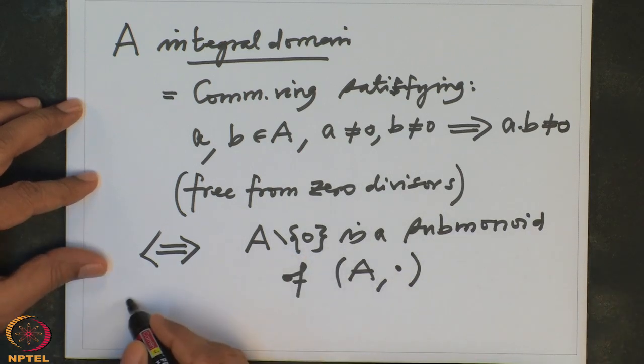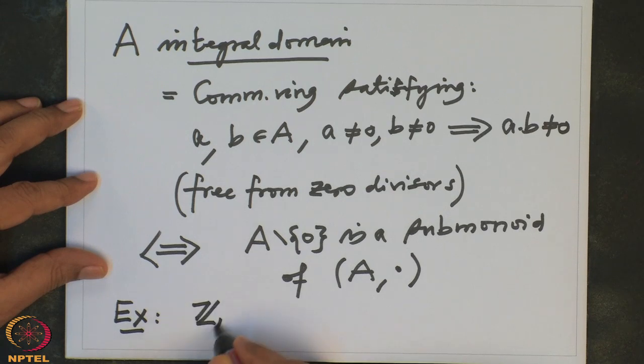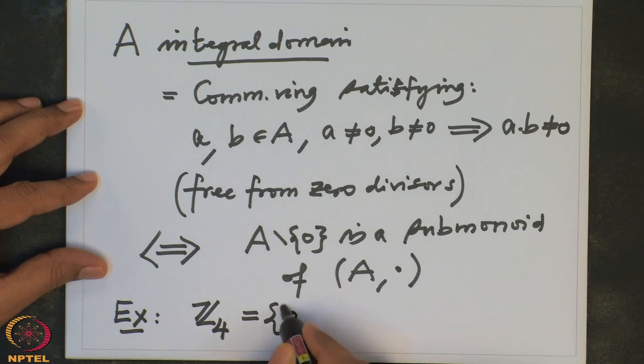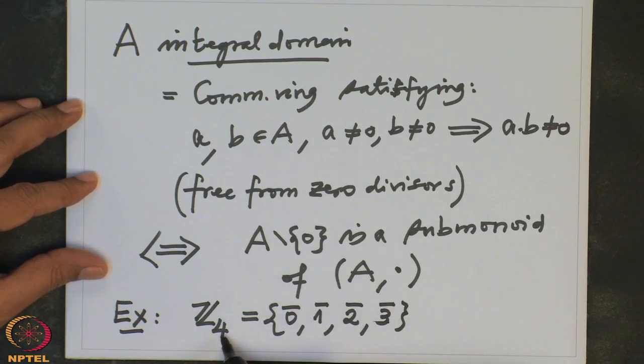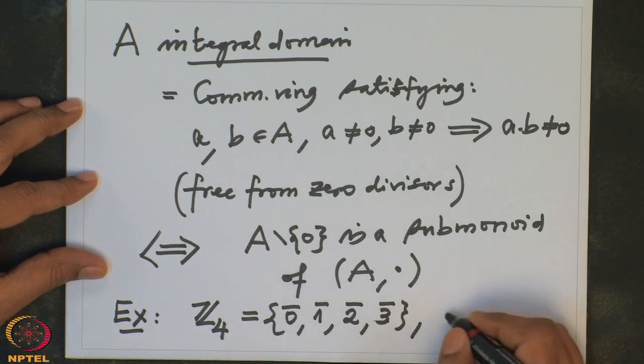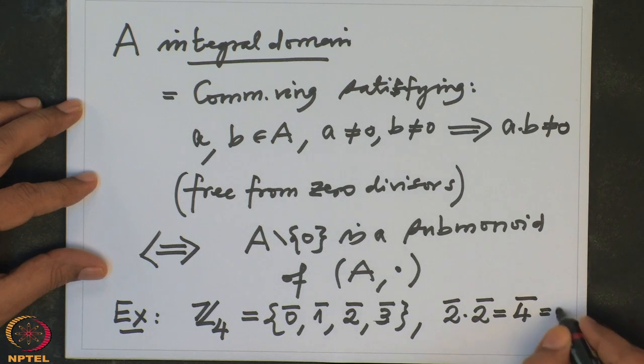For example, if you take Z mod 4, these are, remember notation, 0 bar, 1 bar, 2 bar and 3 bar, because these are precisely the possible remainders after dividing by 4. And in this, 2 bar times 2 bar is multiply 2 and 2 as usual and take the remainder after division by 4, which is 0 bar.